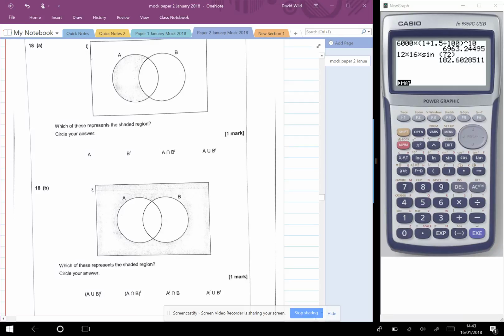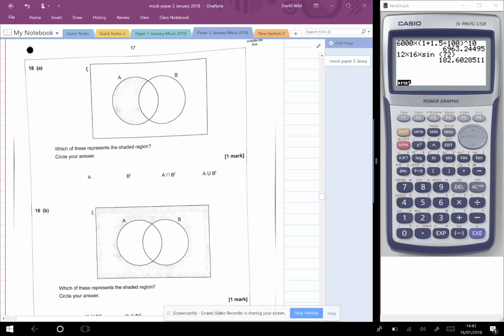Question 18. Which of these represents the shaded region? Right, okay, so notice that the shaded region is this sort of crescent moon here. So it's got to involve A to a certain extent.